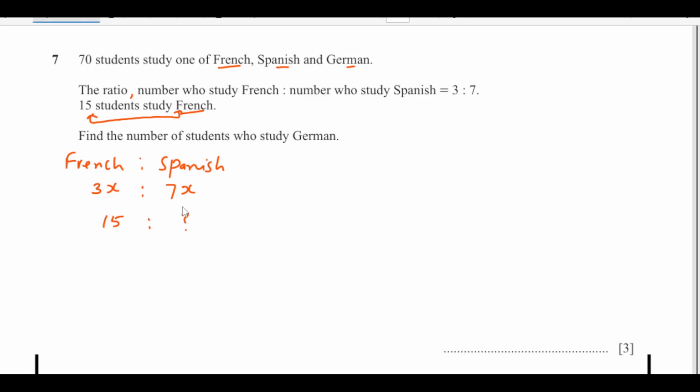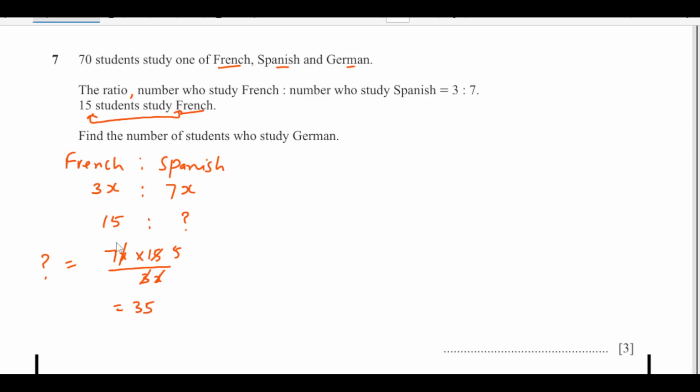Okay. So then the question that we are looking for, when you cross multiply, is going to be 3x times this, sorry, this should go down actually. Seven x times 15 over 3x, and x is gone, 7 times 5, it is 35.